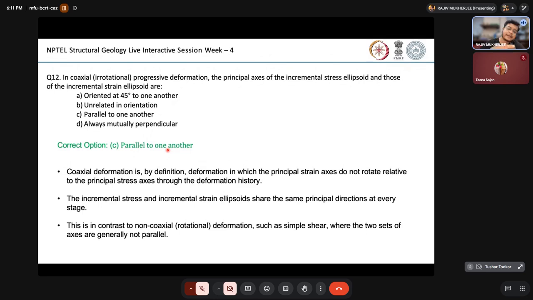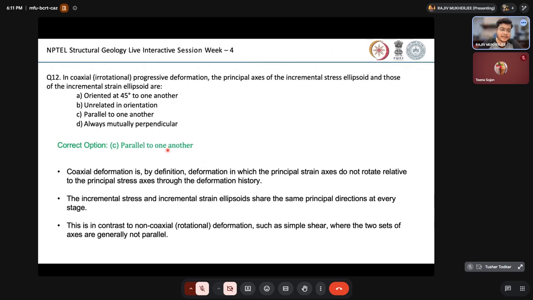I mean, they will intersect orthogonally, but the aspect ratios of the ellipses will be perpendicular to each other, that is, the shape of the ellipses with respect to the largest axis. Because the reason is that stress and strain for coaxial progressive deformation are actually inversely proportional to each other.